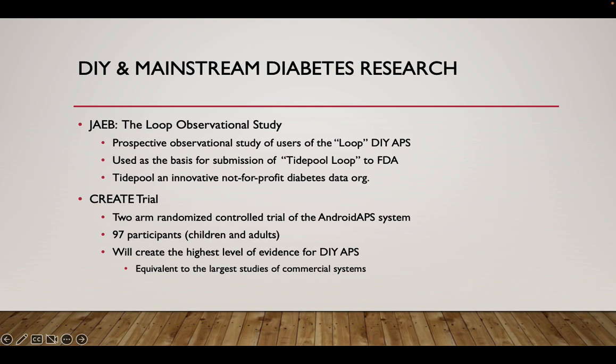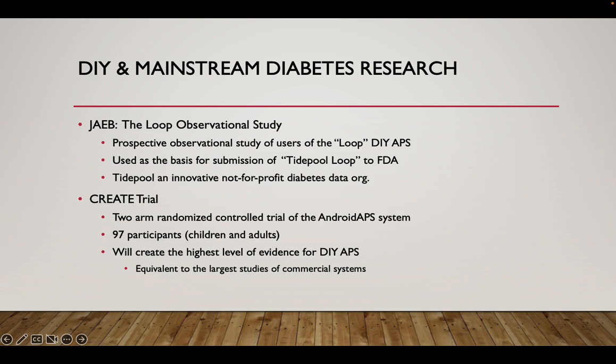So the first of these studies is known as the JAEB Loop Observational Study. JAEB is just a big diabetes research center in the United States, and Loop is one of the two main open source AID systems. This was a prospective observational study of users of the Loop DIY system.